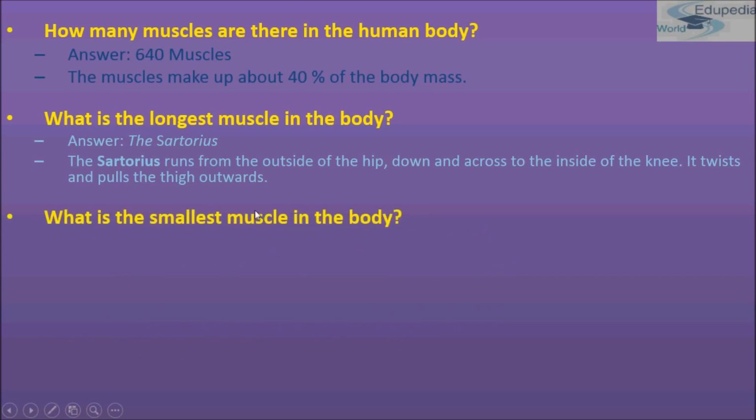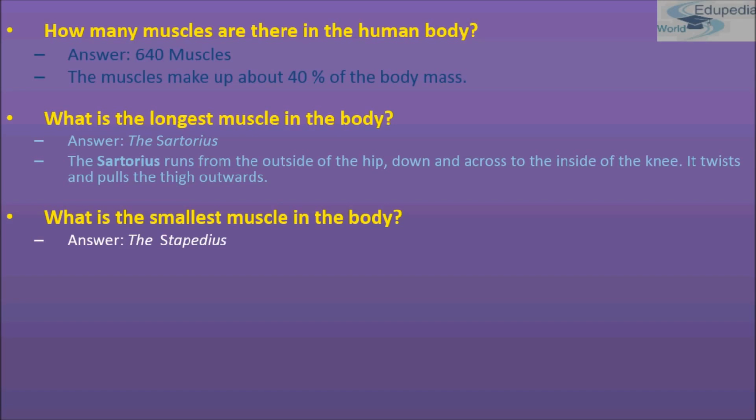Now, what is the smallest muscle in the body? Answer is stapedius. Remember, students, I have taught you that there are three kinds of bone present in ear. First is malleus, second is incus, and third is stapes. Stapes is the smallest bone present in a human body, and it is present in the ear.